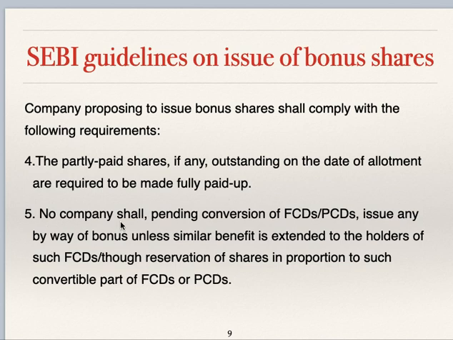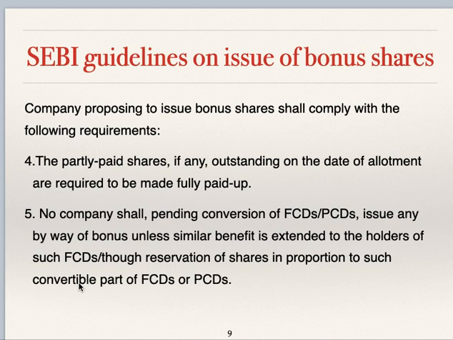Fifth guideline, no company shall, pending conversion of FCDs, that is fully convertible debentures, or PCDs, that is partly convertible debentures, issue any shares by way of bonus unless similar benefit is extended to the holders of such FCDs or PCDs, through reservation of shares in proportion to such convertible part of FCDs or PCDs.